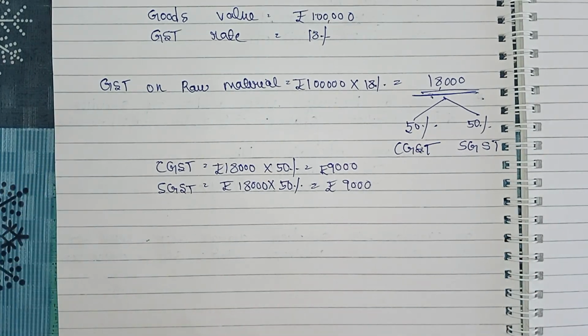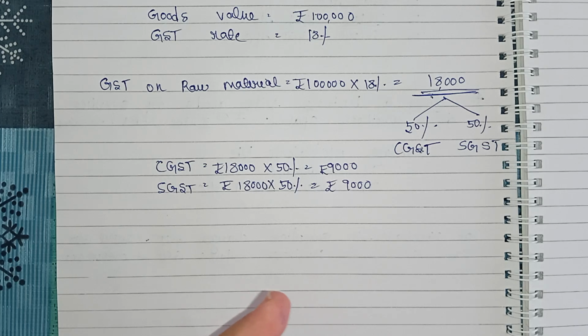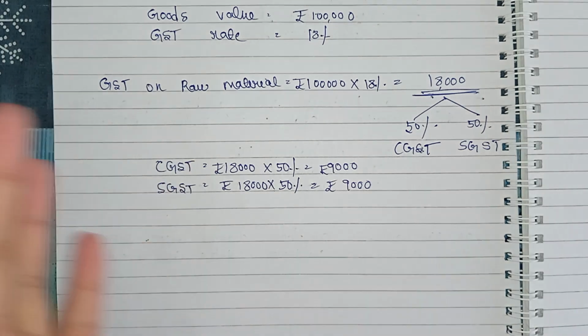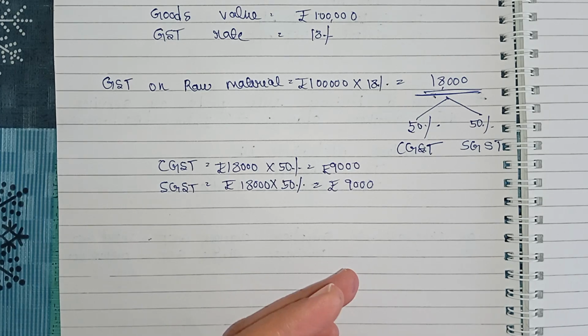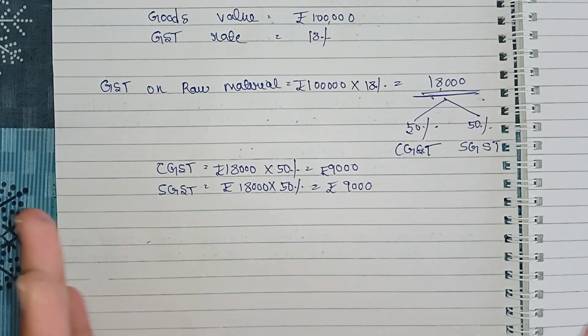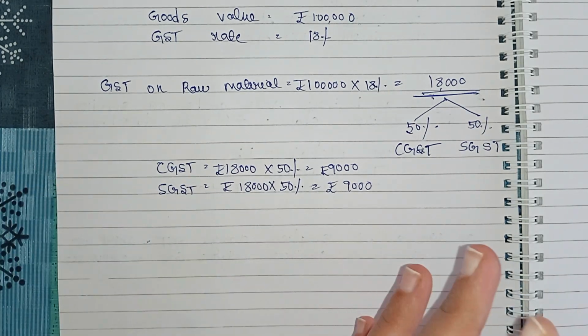In this example, for purchase of goods and services, who will collect the GST? The supplier. It means the business has to pay the GST amount, including the price of raw materials, to the supplier.